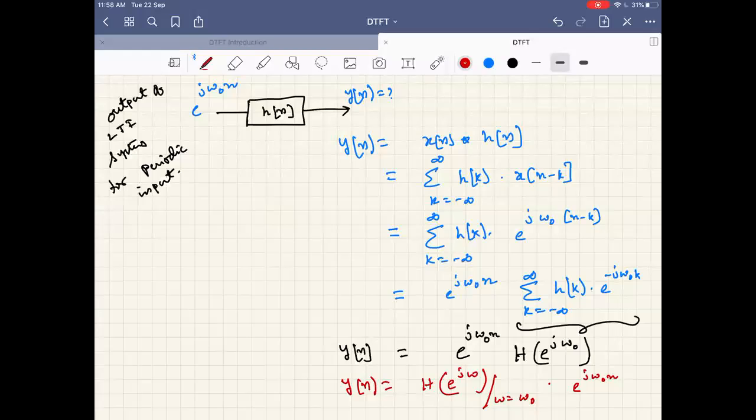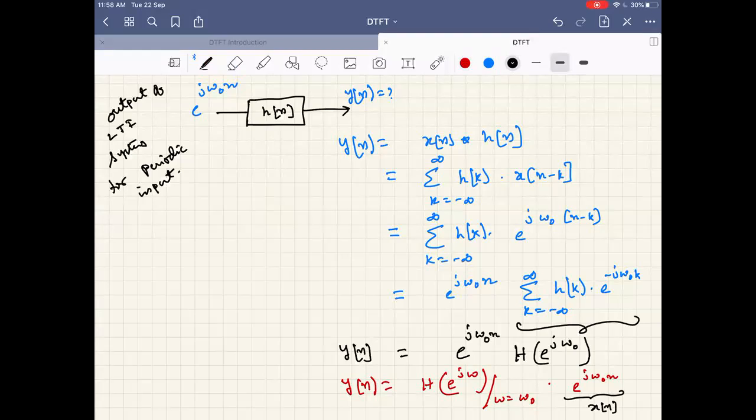So the output y of n is equal to H of e power j omega at omega naught times x of n. Please note that.